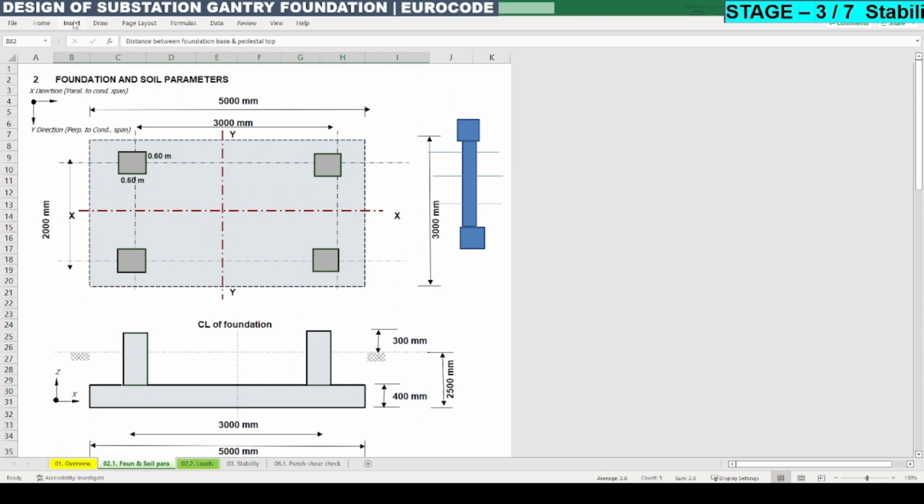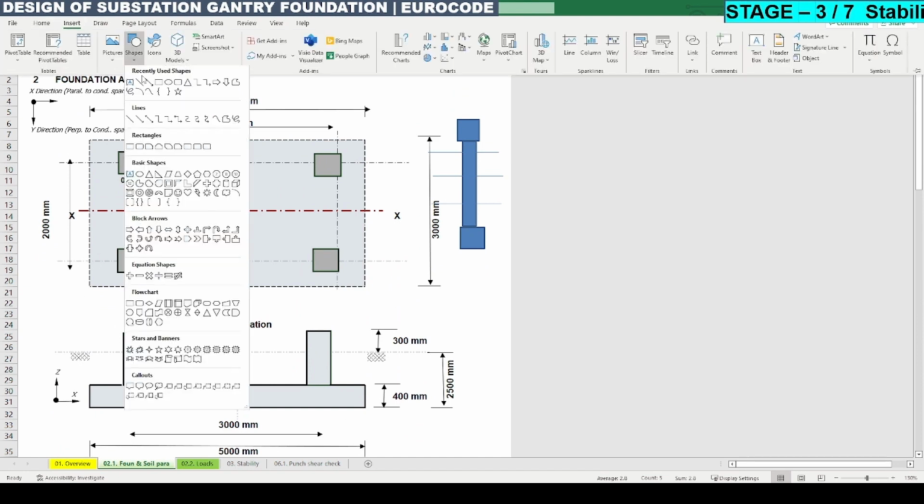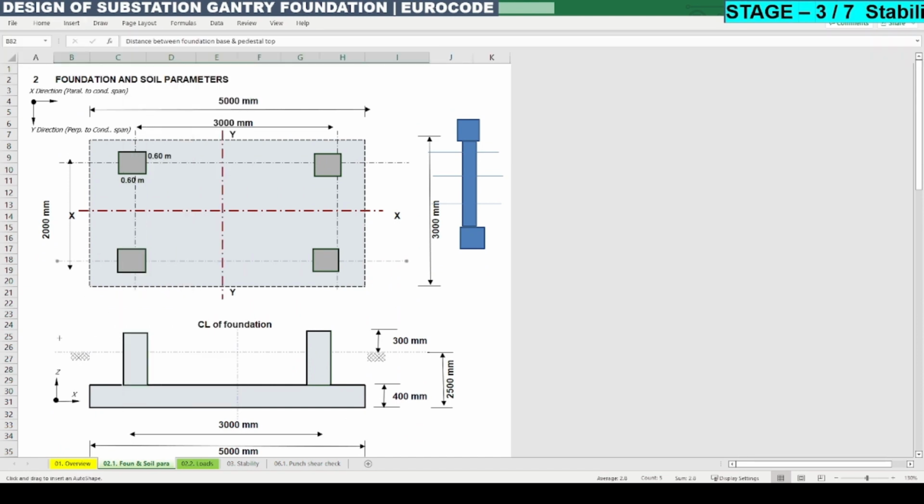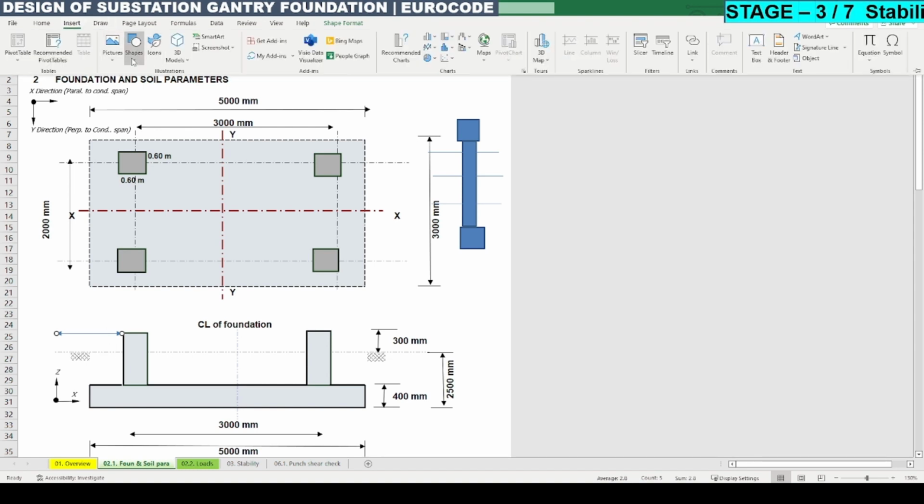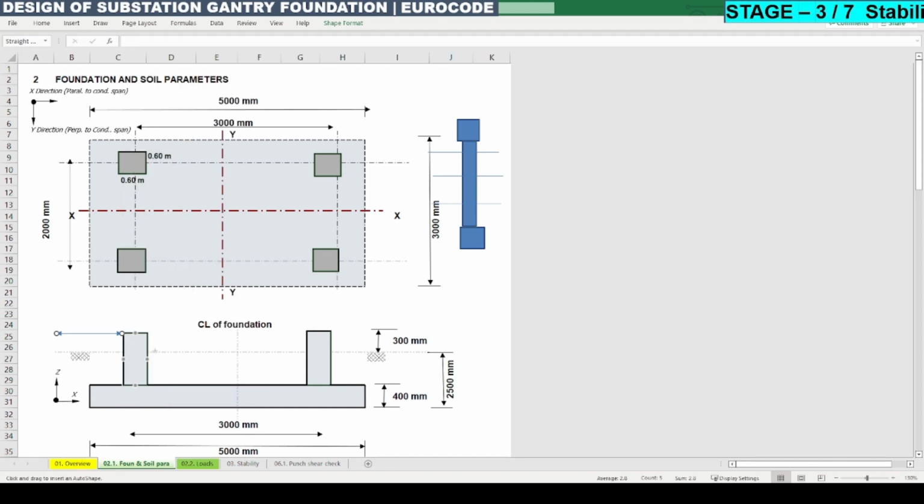Every structural force acts at the top of the pedestal, but this horizontal force we need to convert into a moment at the level of the foundation base. So from top to bottom there will be a bending moment due to the horizontal force at the top, and we need to consider this bending moment.